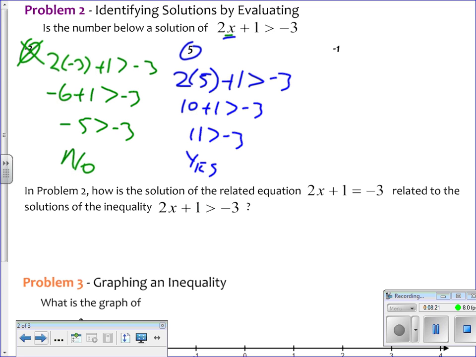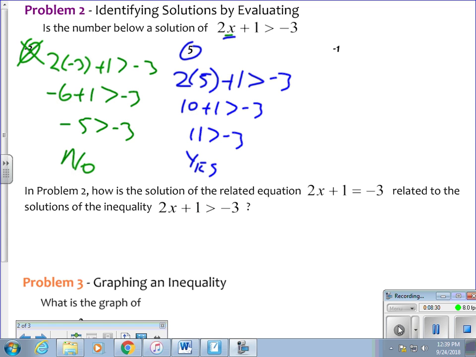Try the last one. See what you get. Okay, last but not least, let's try -1. Put -1 for x. 2 times -1 plus 1 greater than -3.